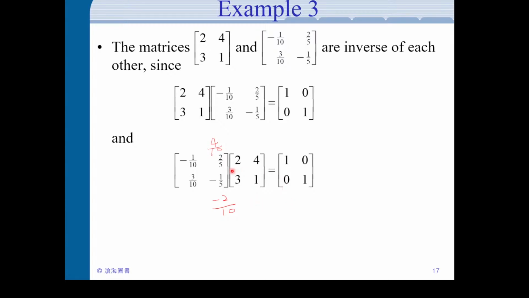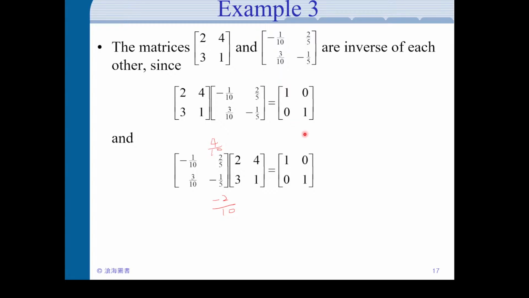Let's check some element. Maybe this one will be 2 multiplied by -1/10, and 4 multiplied by 3/10, adding together. So it's 1/10 times (-2 plus 4 times 3). So it's -2 plus 12 equals 10, and over 10 it becomes 1.